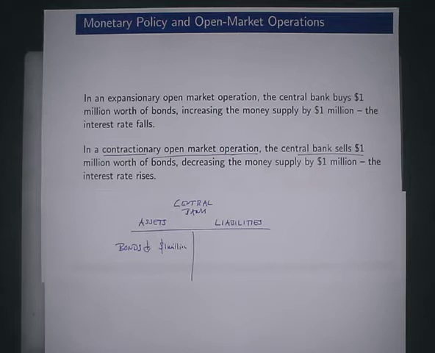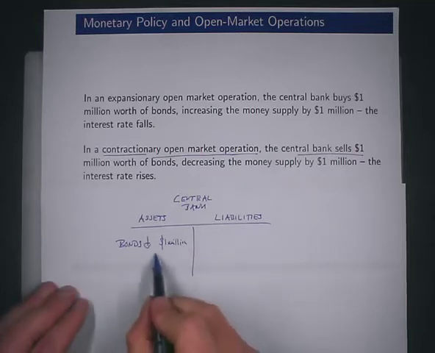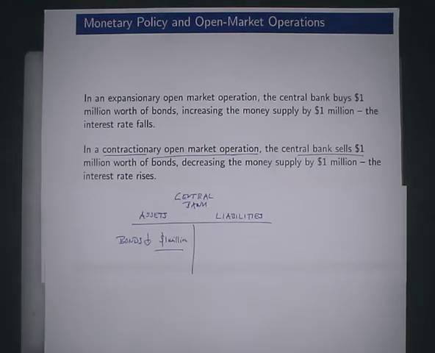And of course, the private people have to pay for it. So if a private bank buys these bonds, how much money do they have to spend? Well, of course, $1 million. So this money that's in circulation in the economy ends up where? It goes back here.